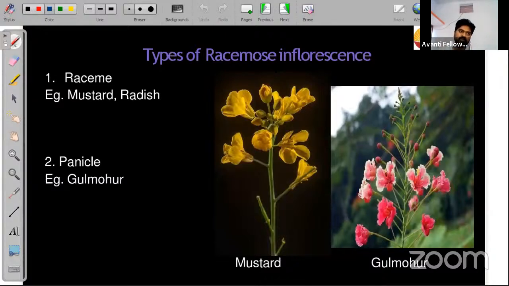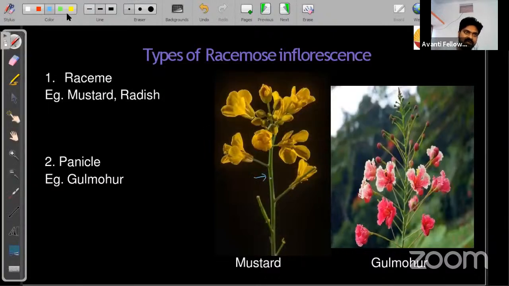Examples of racemes are mustard and radish. This is the plant, or we can say the flower, of mustard. What is meant by raceme? A flower cluster with separate flowers attached by short, equal stalks along a central axis. This is the central axis, I'm writing it here.